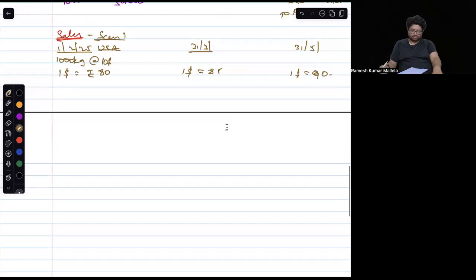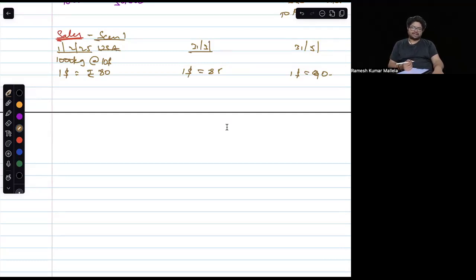Initially, what is the first entry we pass? Initial recognition entry. Purchase to creditors.